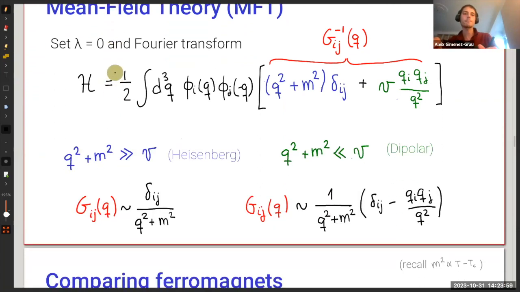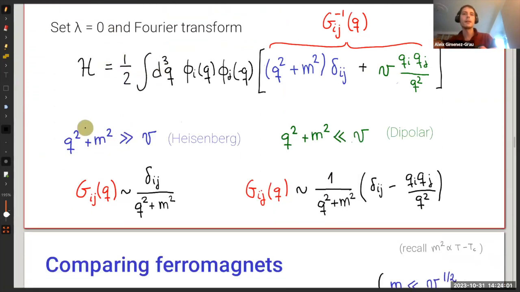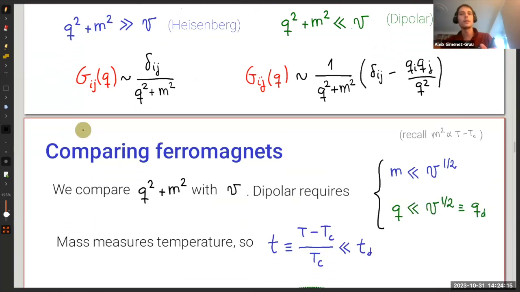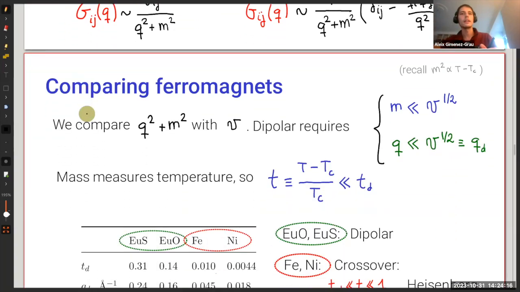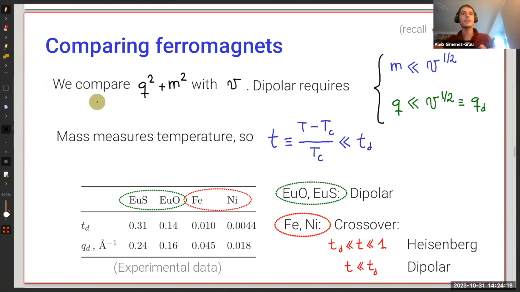Then in particular, we want to have this criterion, which tells us how far we are in this RG flow. We want to convert it into something that is easy to compare for different materials. That's here, this is a slide.